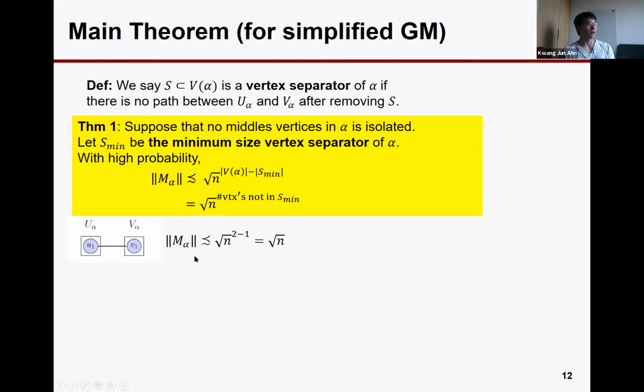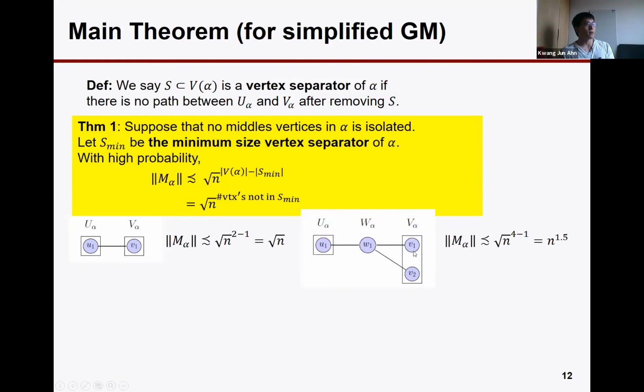It's recovering the conventional result. Here, this wavy inequality means it's accurate up to polylogarithmic factors. And for the next example, since W1 is the minimum vertex separator, the norm bound of this will be n to the 1.5.